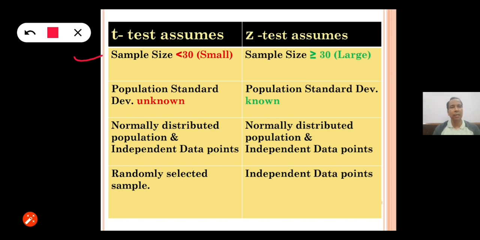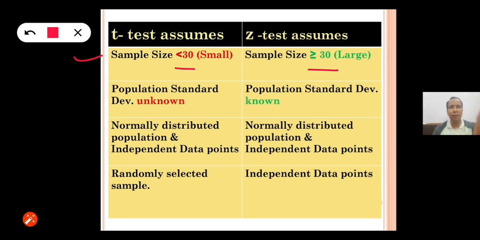When the sample size is below 30, it is a small sample, and in this case z-test cannot be applicable, only t-test can be applicable. Whereas if the sample size is 30 or more, the sample is called a large sample, and in that case z-test can be applicable if it meets other conditions as well.